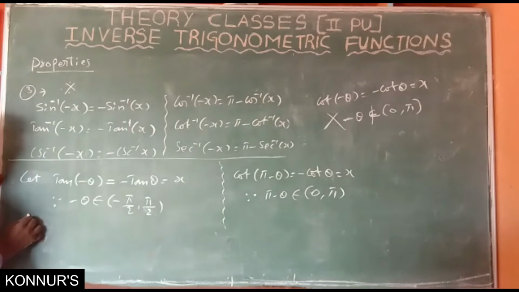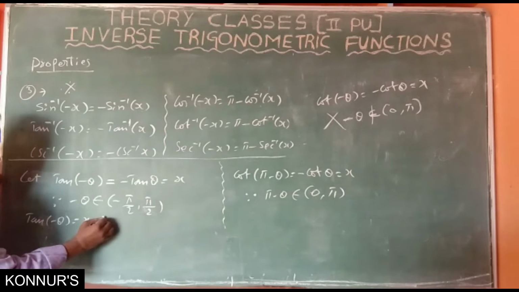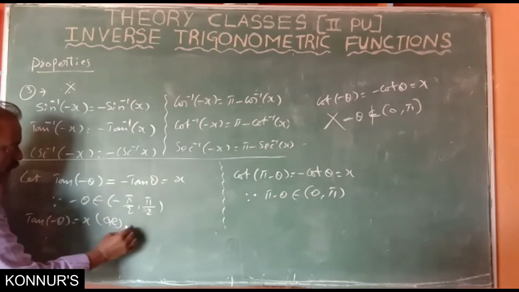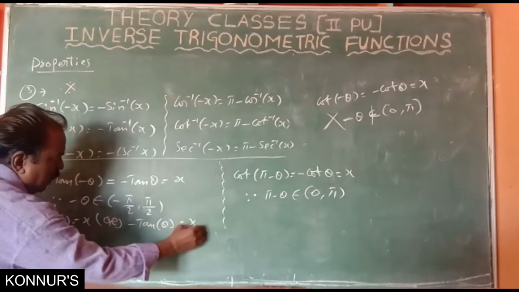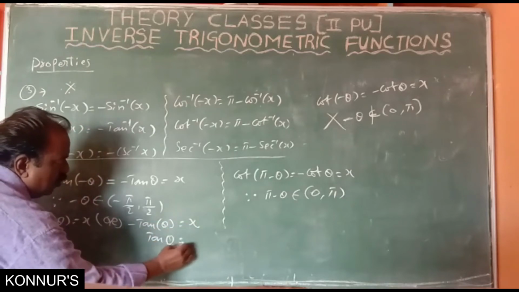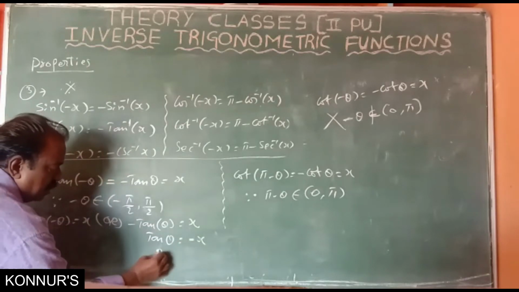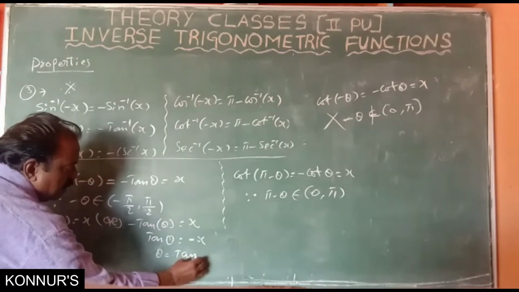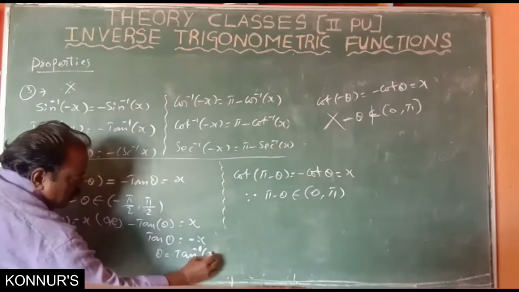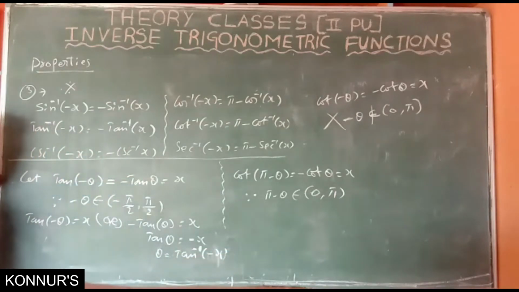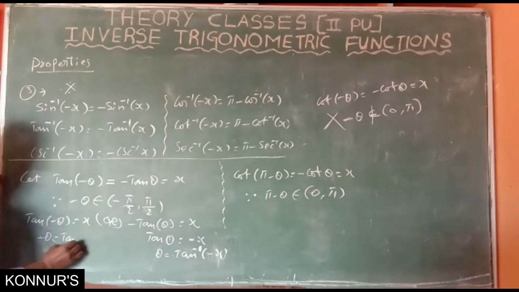Okay, now tan of minus theta is equal to x, or minus tan theta is equal to x. Here tan theta is equal to minus x. Theta is equal to tan inverse of minus x. But here minus theta is equal to tan inverse of x.